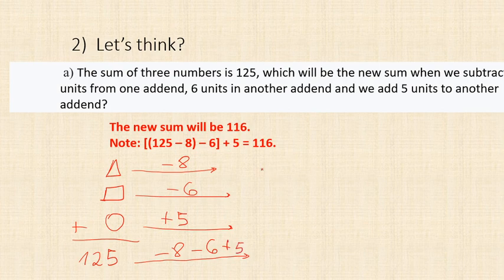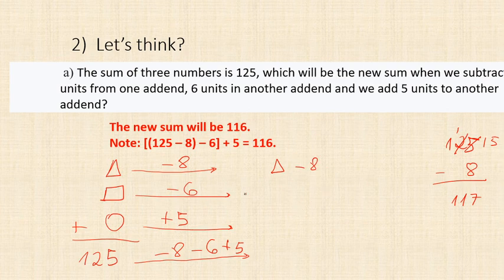So when I subtract 8 units from the first addend, my new sum will be 117, okay?